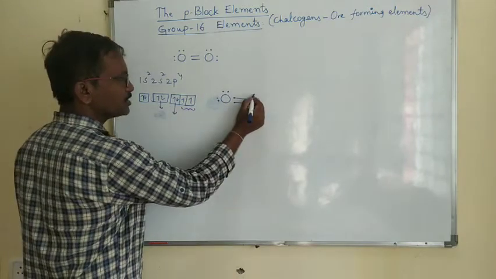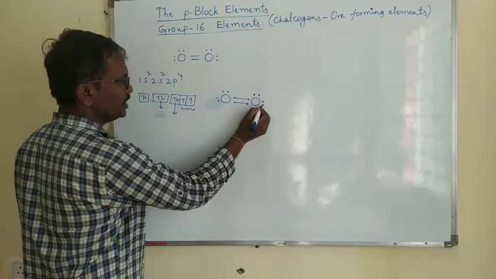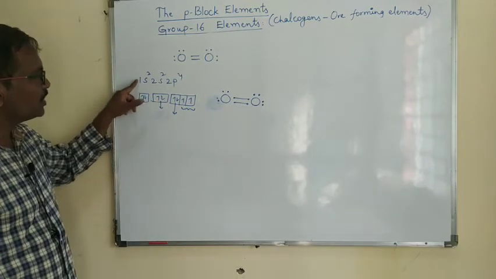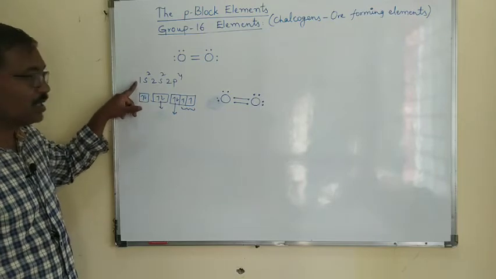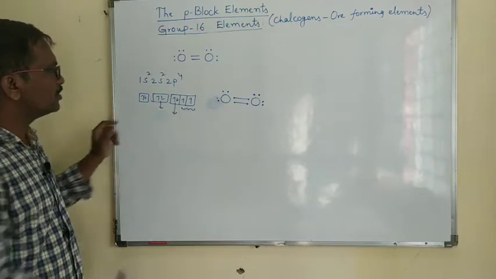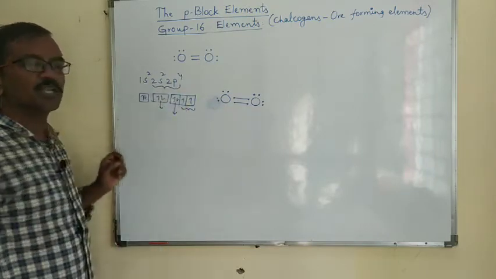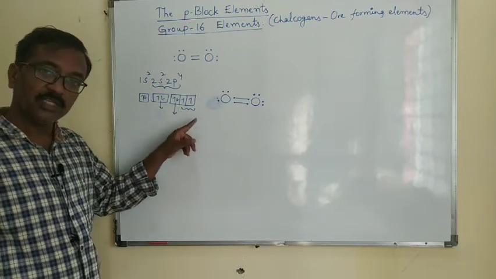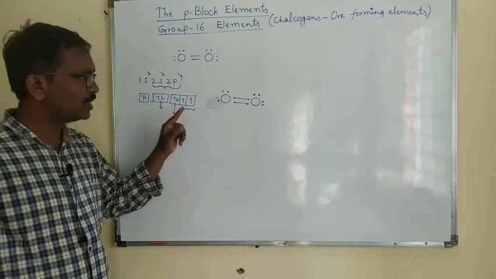In the similar oxygen, this is one pair, this one is a second pair, right? Why are you not taking the 1s2 pair? When you write the structure, you have to represent the outermost electronic configuration. That means 2s2 2p4 only.